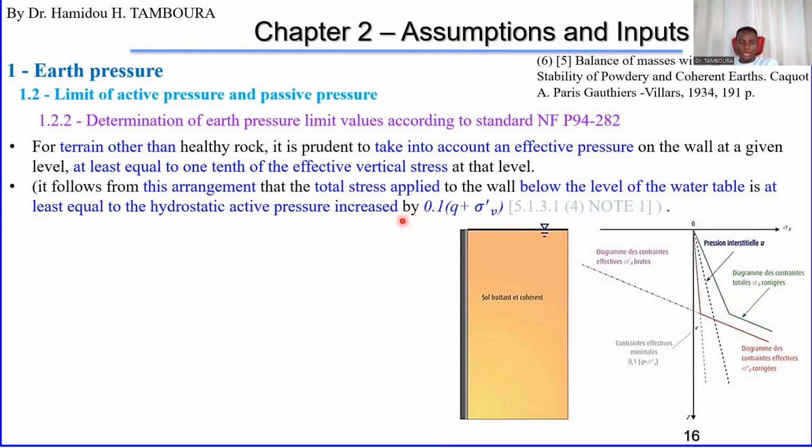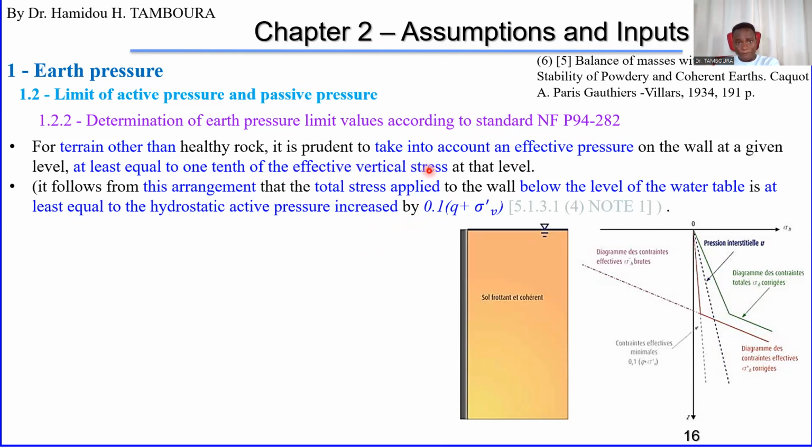What this is trying to tell you is that it is safe to take an effective pressure acting on the wall which is at least 1/10 of the effective vertical stress.